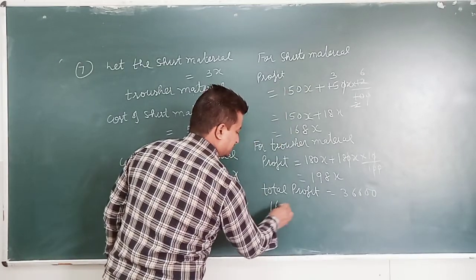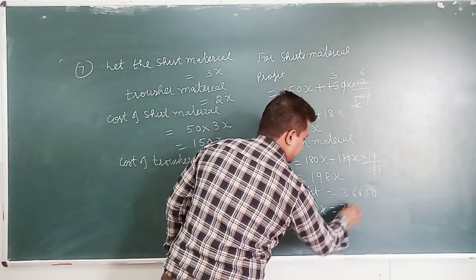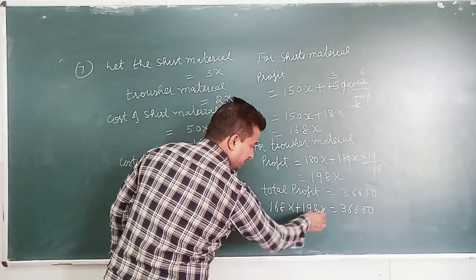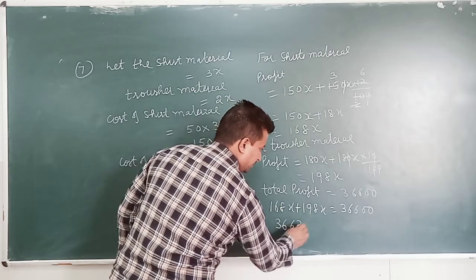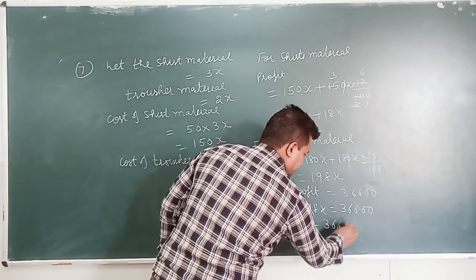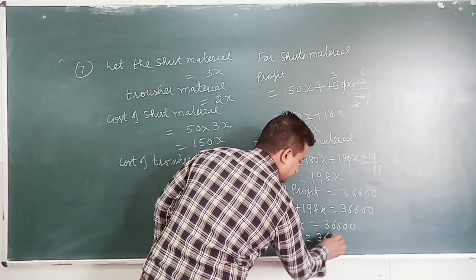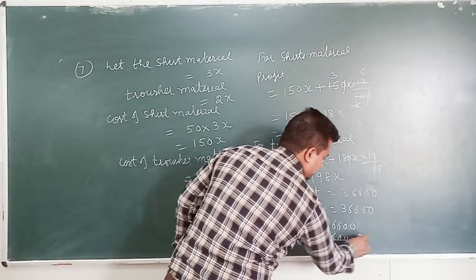So this is 168x plus 198x equals 36,600, which is 366x. So x is 36,600 divided by 366. This means x equals 100.